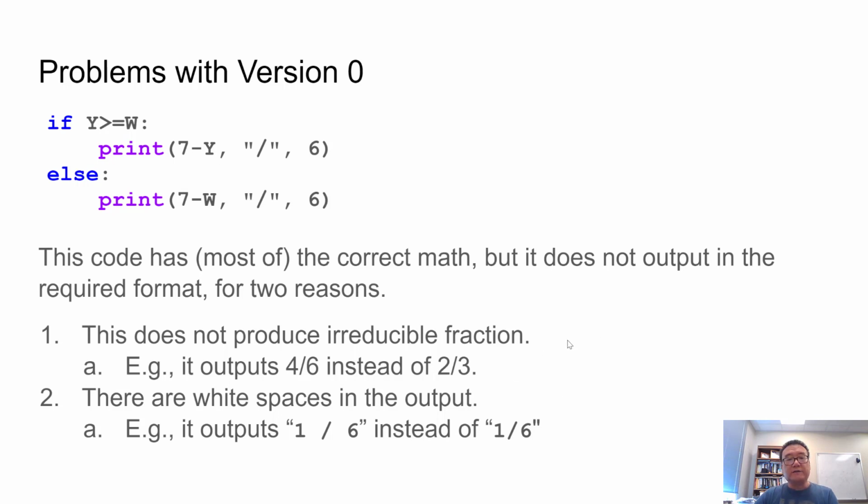Fixing these two things is doable, but it's a little bit difficult in the sense that we need to introduce new things that we haven't introduced so far. So I'm going to fix this at the end of this problem. We'll first try some other solution that doesn't require the more complex additional concept.